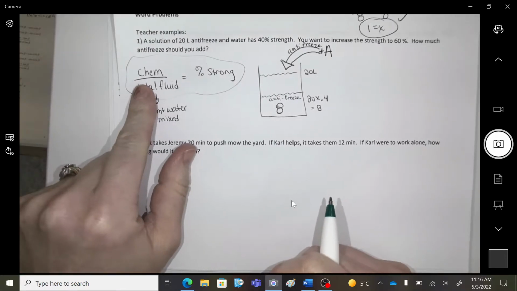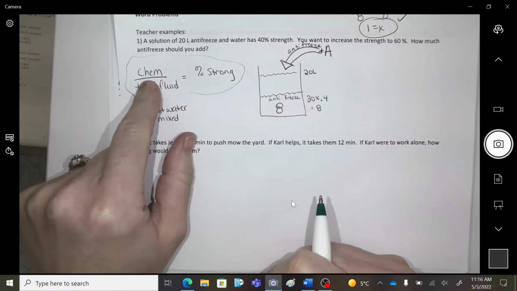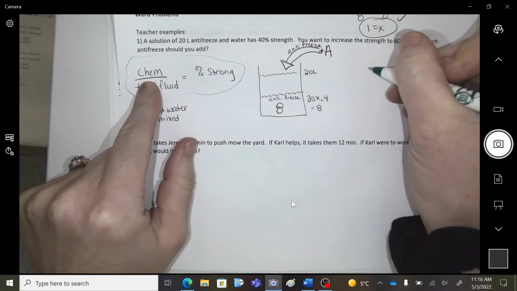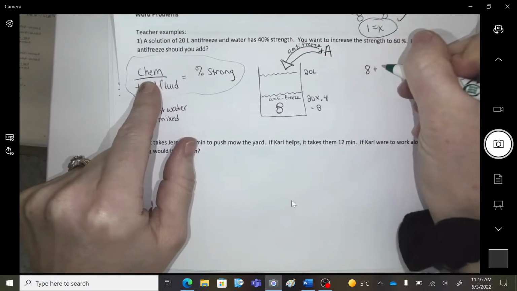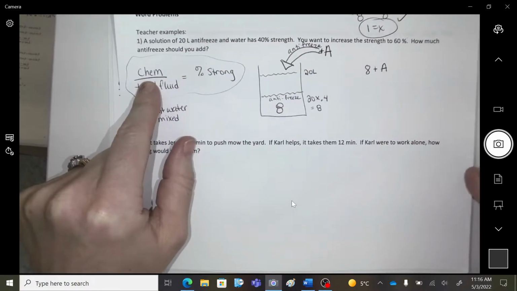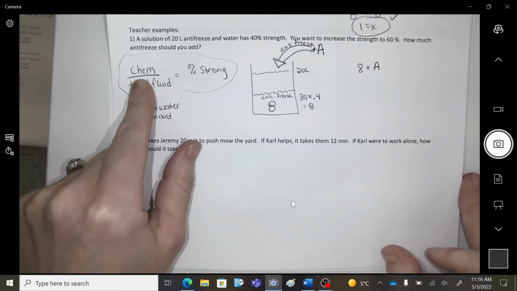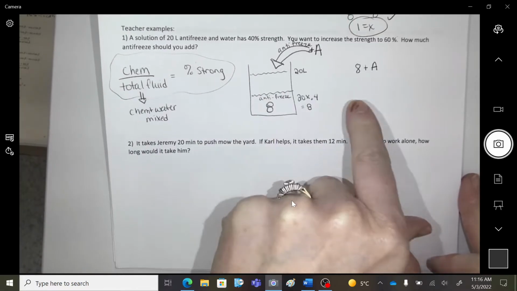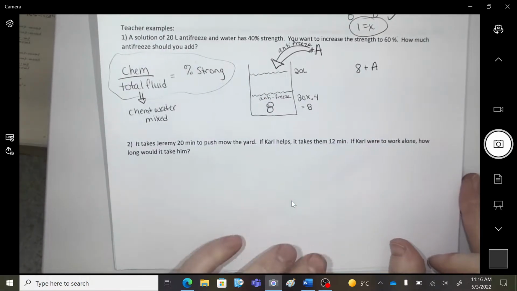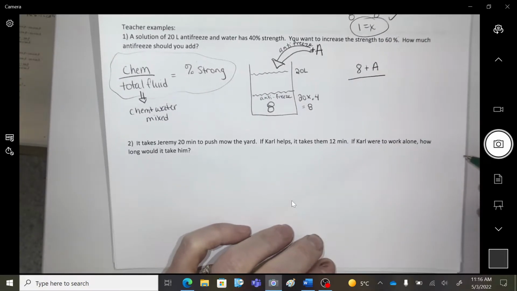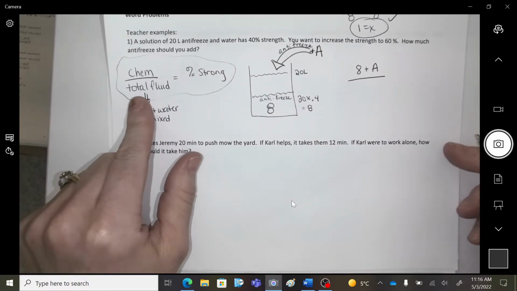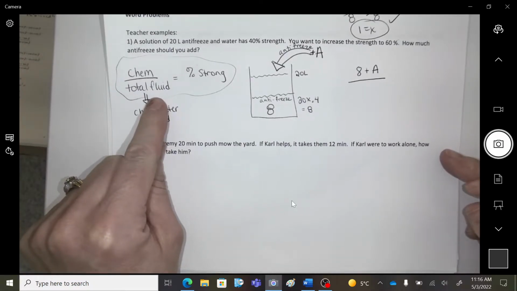The formula strategy says to do the chemical. So at the start, I had 8, and then I'm adding more. That's the chemical. I had 8 liters of it was chemical, and I'm adding more chemical. The bottom says the total fluid.